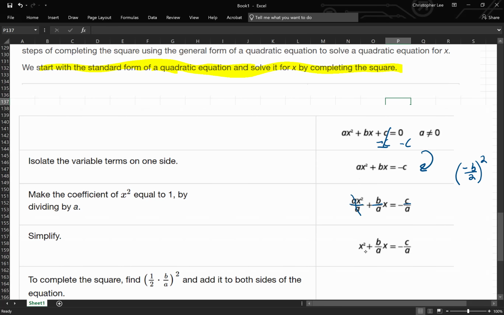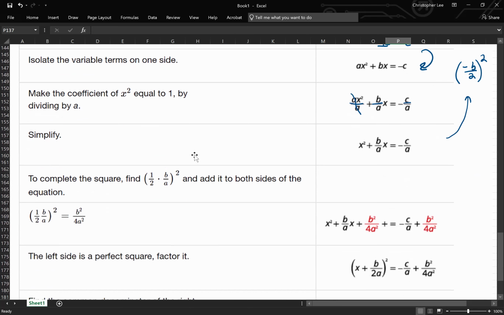So now I have x squared plus b over a x is equal to negative c over a, right? Now I could plug it into the formula up here to figure out what I'm going to add on both sides. So multiply straight across, what do we have? One half times b over a, squared, is going to give us b squared over 4a squared. You add that to both sides of the equation.